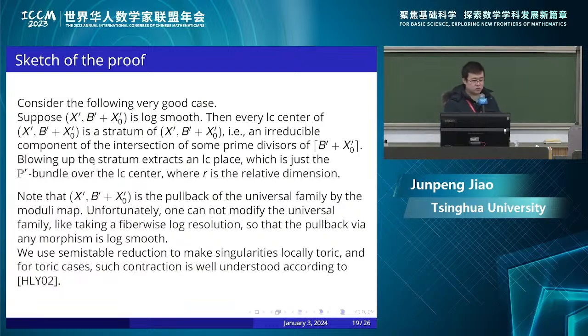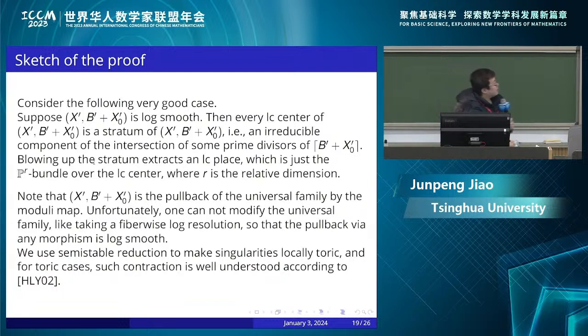Blowing up will extract an LC place, and this LC place is just the P^r bundle over the LC center, over its image, where r is the relative dimension. For P^r bundles, this is very good. If the base is bounded, then its P^r bundle is obviously birationally bounded, because all P^r bundles are birationally trivial.